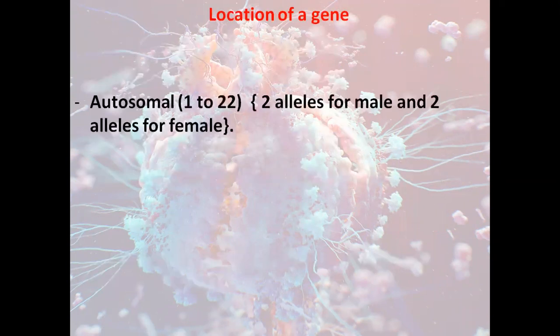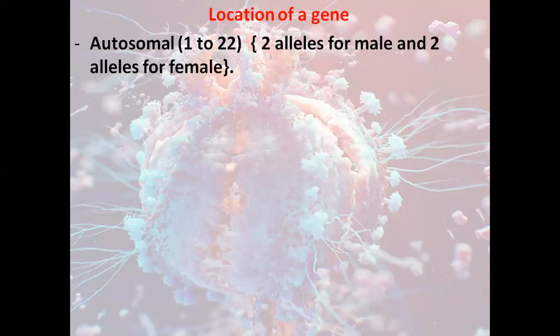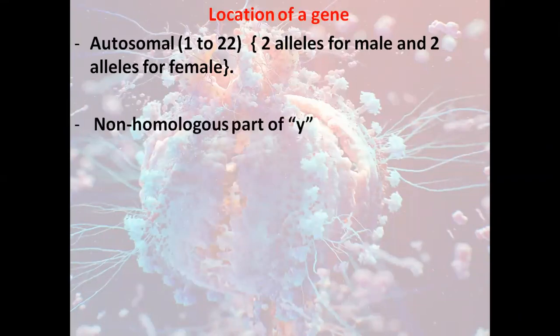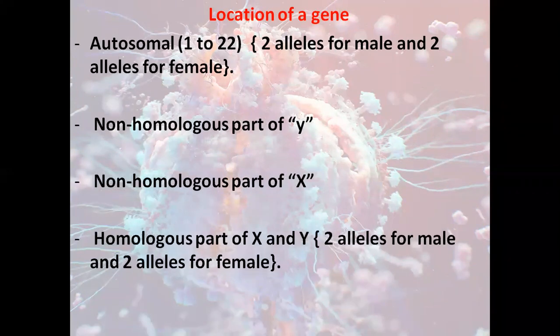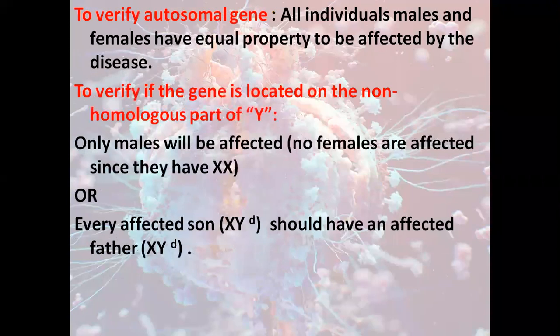Regarding the location of a gene, we said that either it's going to be autosomal, meaning from chromosome number 1 to chromosome number 22, on the autosomes and not on the gonosomes. Otherwise, it's going to be gonosomal, or sex-linked.